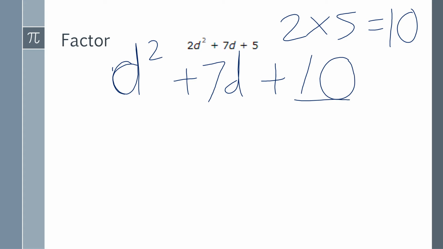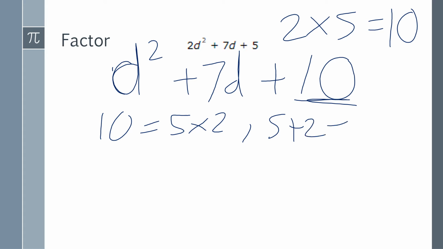So looking at 10, my C, what two numbers when I multiply them together give me 10, but the same numbers when I add them together give me 7? So 10 equals 5 times 2, and 5 plus 2 equals 7. So x plus 5, x plus 2.